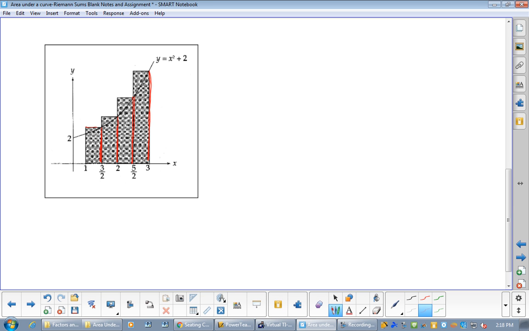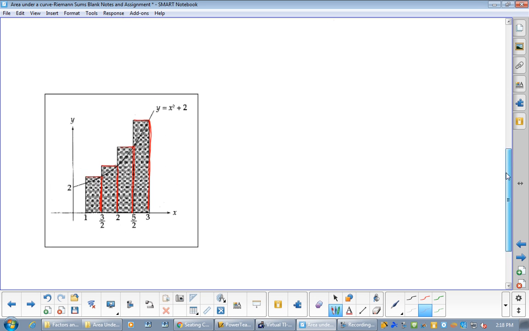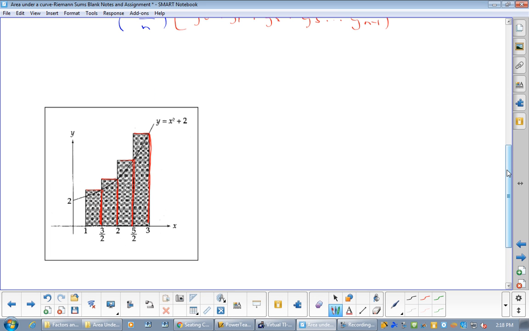Okay, so we're going to do this. Right, we've got the, and now we can, that's our length and our width, right? Or our height and our width. So this one is about using right endpoints.